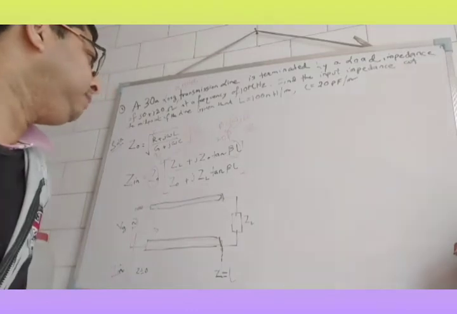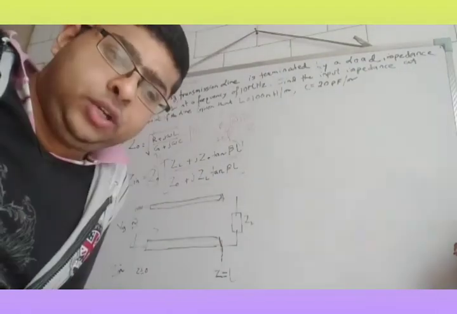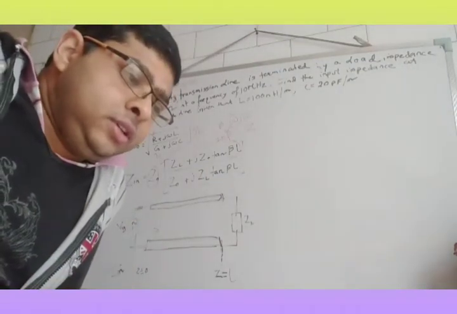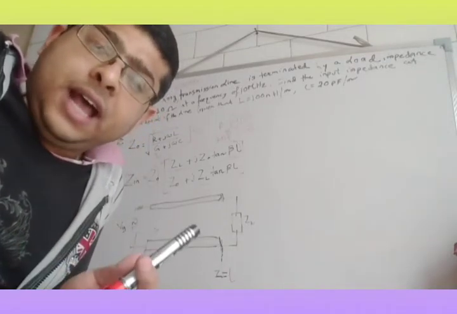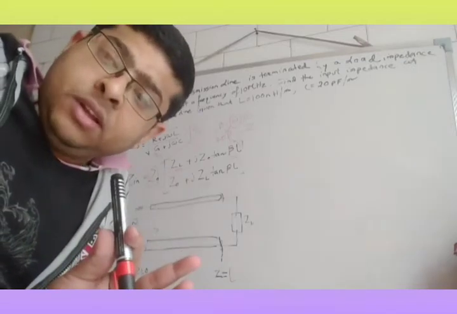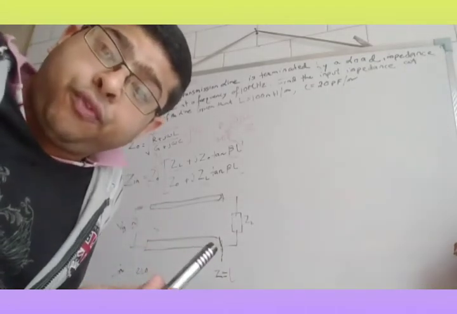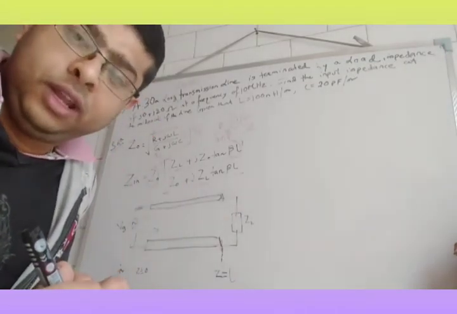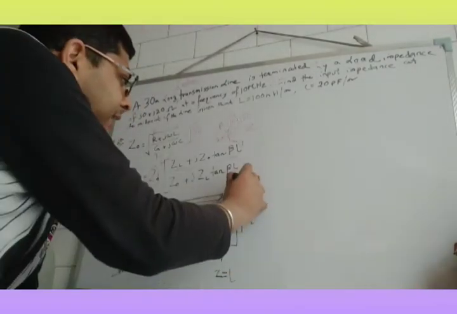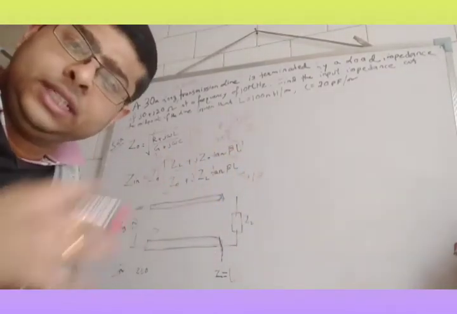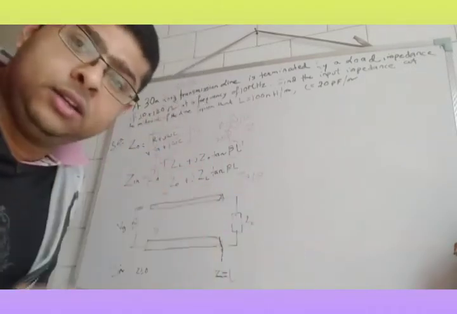Now remember one thing, just listen carefully. Suppose you are asked to calculate the input impedance at 17 meter from the load end. Load end means from this. Then you can replace this L simply by 17. Remember, this distance is calculated from the load end.